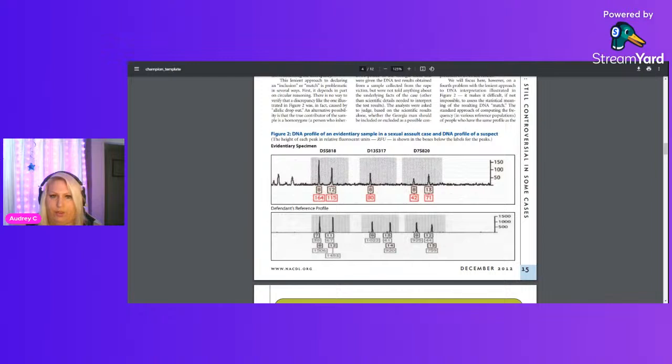What we have here is the height of each peak in relative fluorescent units, RFU, shown in the boxes below the labels for the peaks. The evidentiary specimen is on top here, and the defendant's reference is on the bottom.